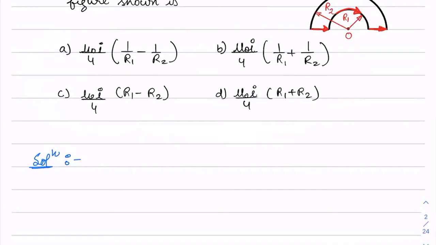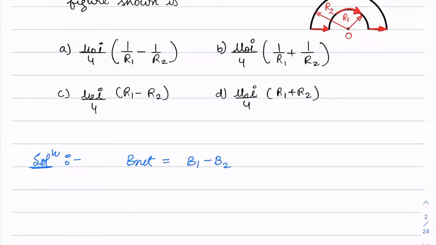They will be in two different directions. So B net will obviously be B1 minus B2.